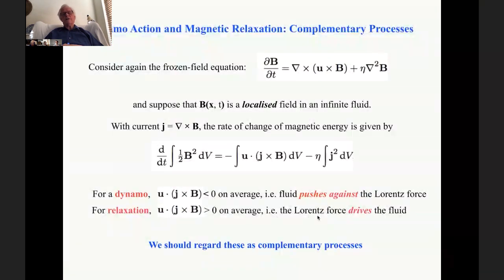In other words, the Lorentz force drives the fluid. It pushes the fluid in the same direction on average. I've got to say on average, because div U has to be maintained 0, and the divergence of J cross B is in general non-zero. But for this reason, we should regard these as complementary processes.